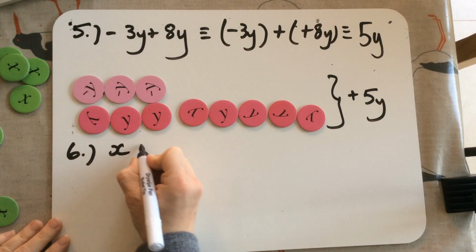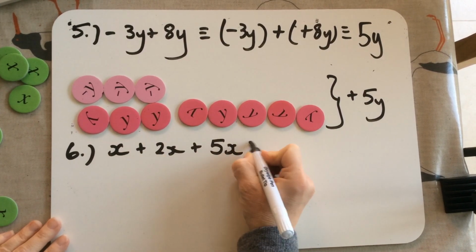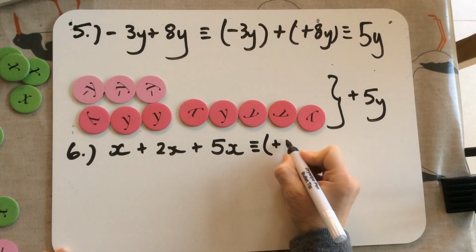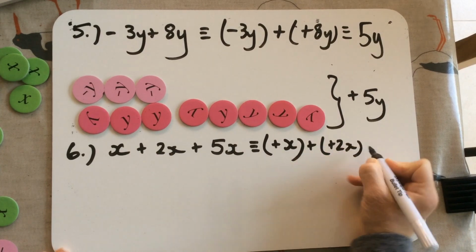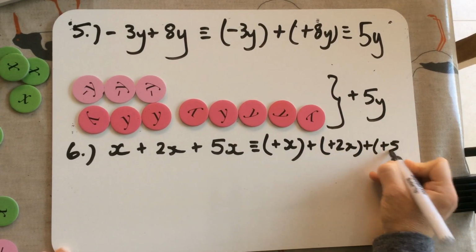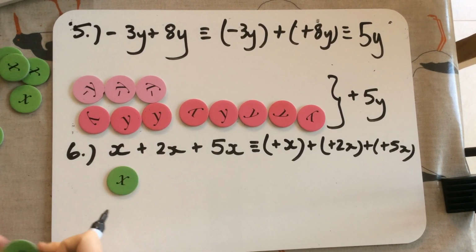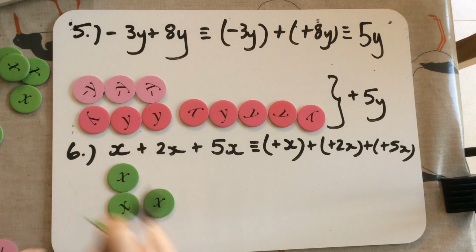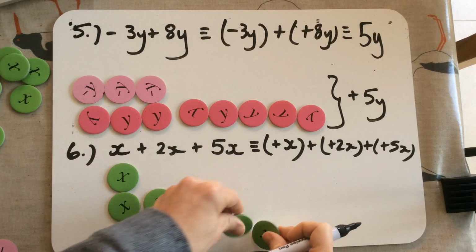Question 6 is different only because we're now looking at 3 terms, and they're all positive direction. So it's positive x add positive 2x add positive 5x. So I'm going to need an x, a 2x, and 5x.